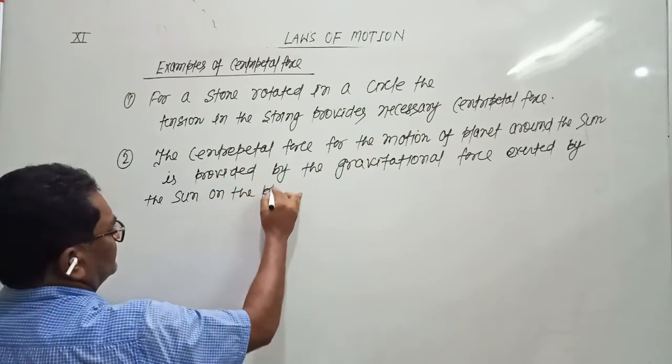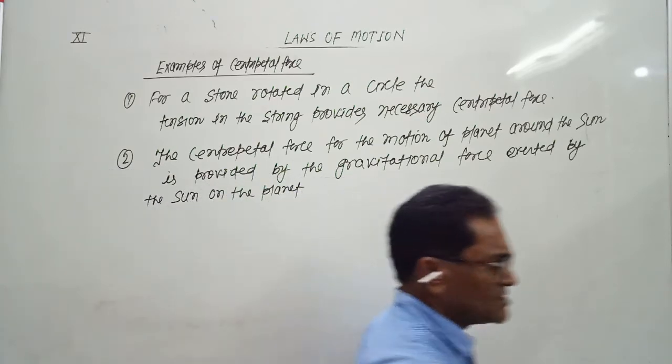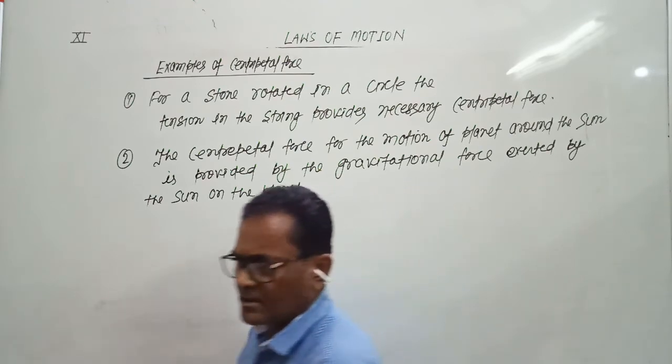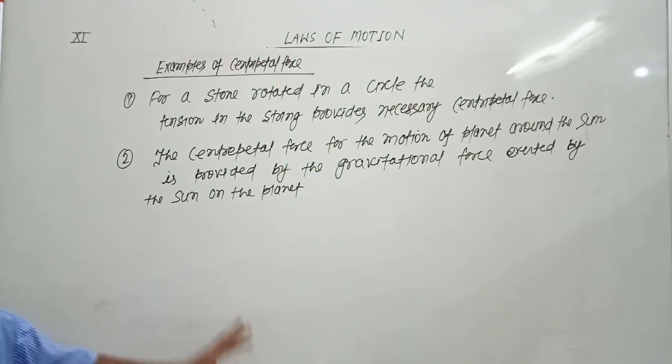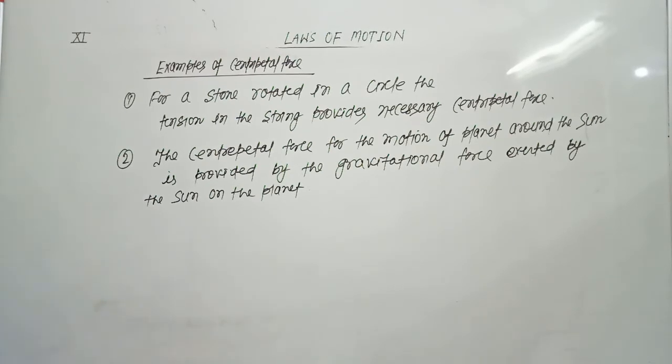So the gravitational force provides the necessary centripetal force in case of the motion of the planet around the sun, because the planet also moves around the sun in a circular path.